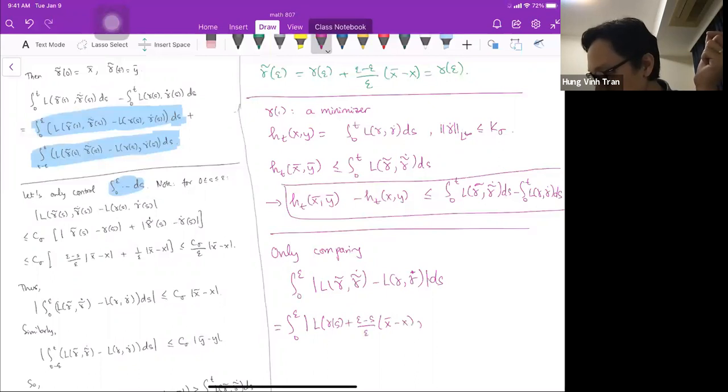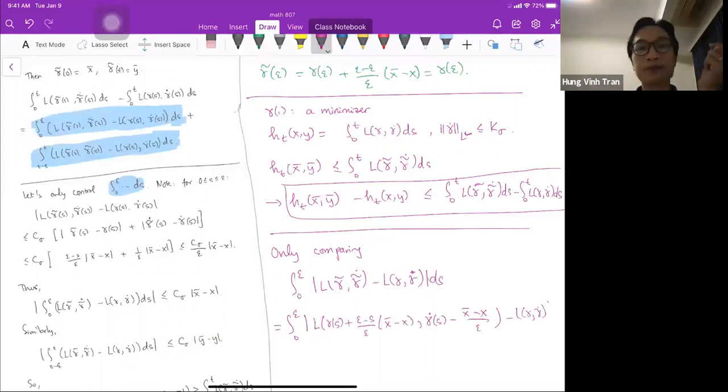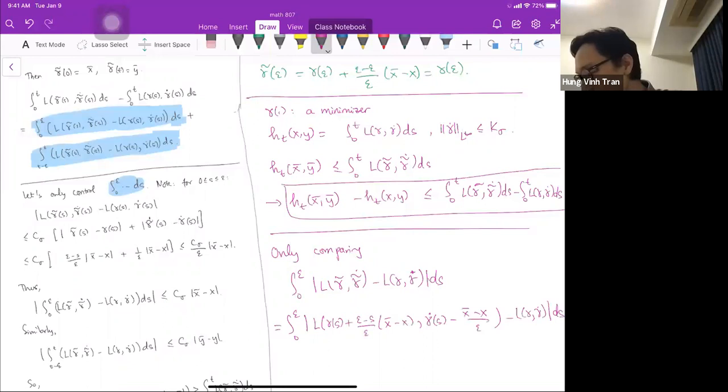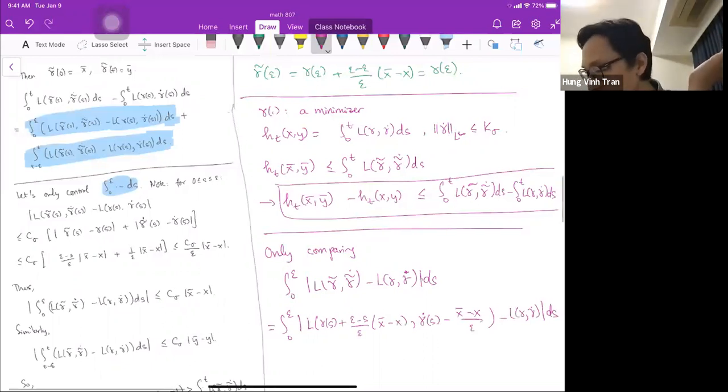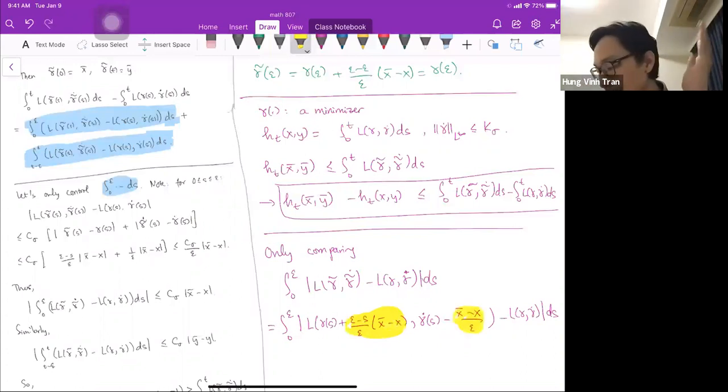And when we take the derivatives, we have gamma dot s minus x bar minus x over epsilon, minus L of gamma dot ds. Okay. All right. So again, it looks a little bit complicated, but you see what's the difference. This one is a difference in the positions, and this one is a difference in the velocity.